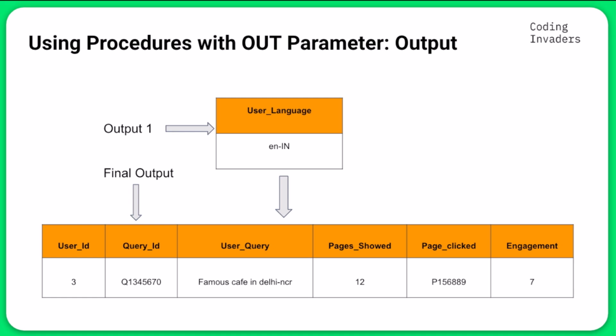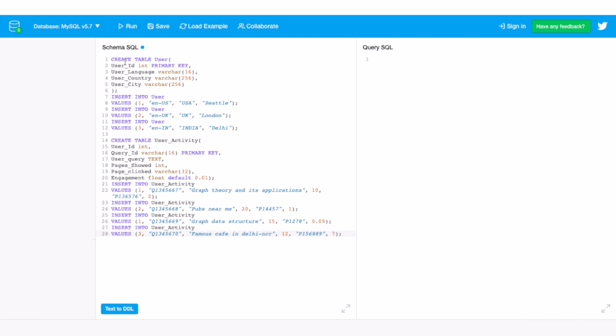Now, let's go to dbfiddle and execute our code. Steps to open dbfiddle will be available on your LMS. I have already created the tables for user and user activity. First, let's have a look at the user and user activity tables. So, select star from user.